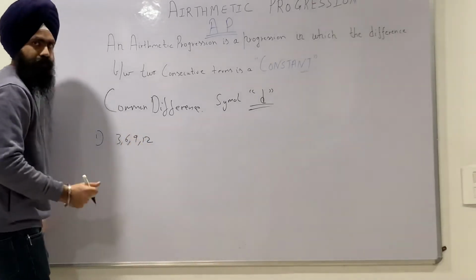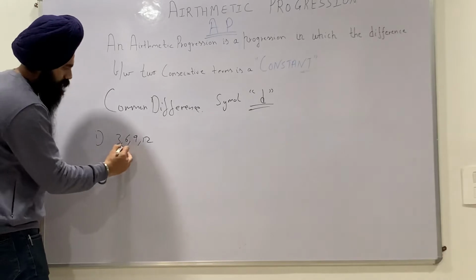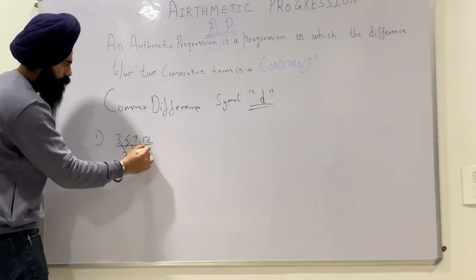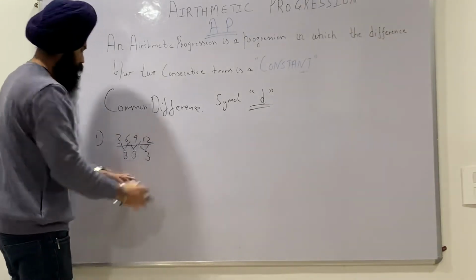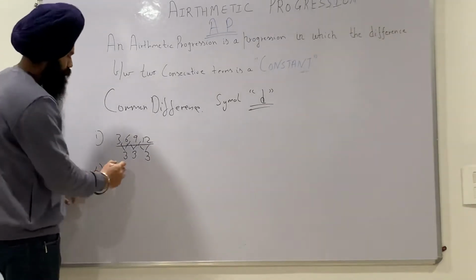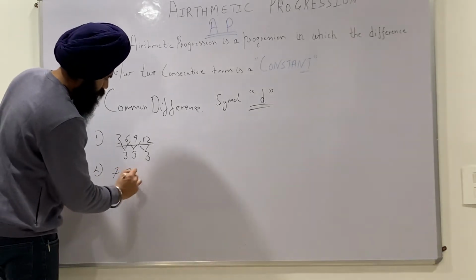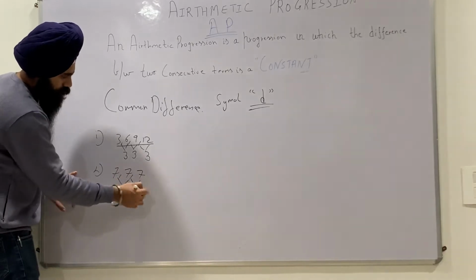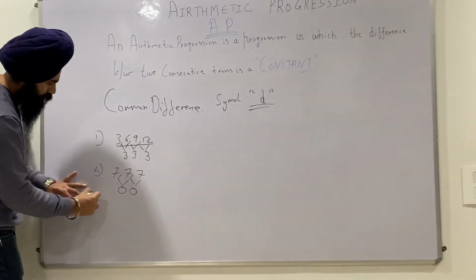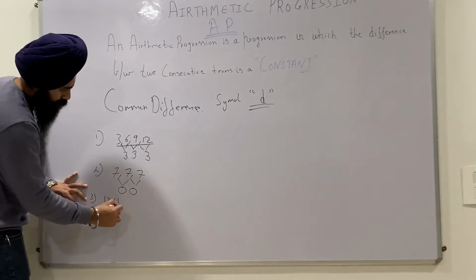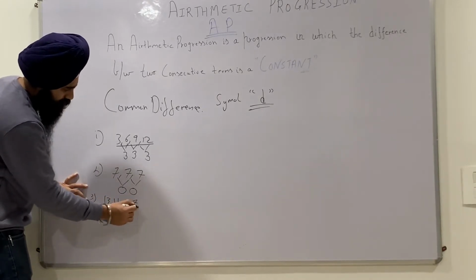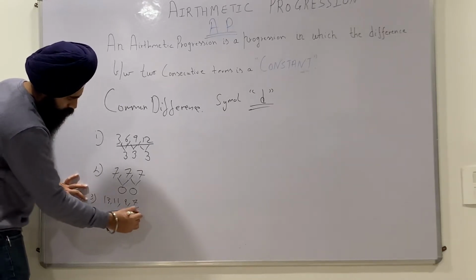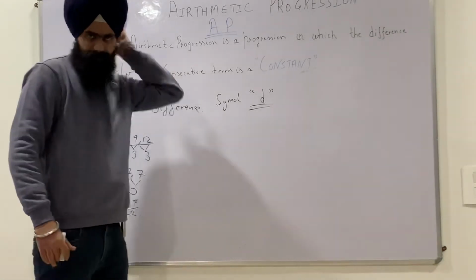Now what we see, the series is increasing and the difference is 3, we can say positive. Another example: 7, 7, 7. In this, we see the difference is 0, it is a constant series. Another example: 13, 11, 9, 7. Here the difference will come in minus, so we can say it is a decreasing series.